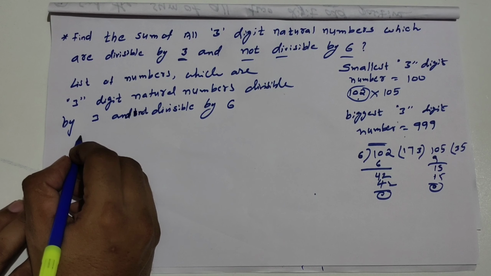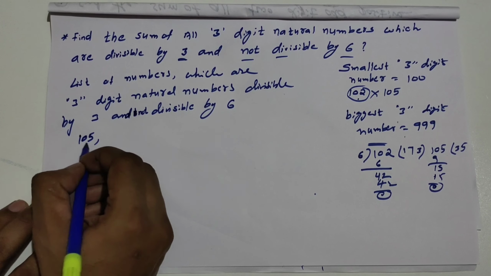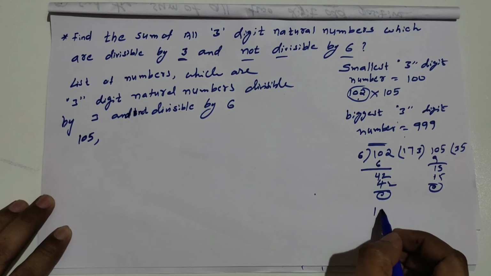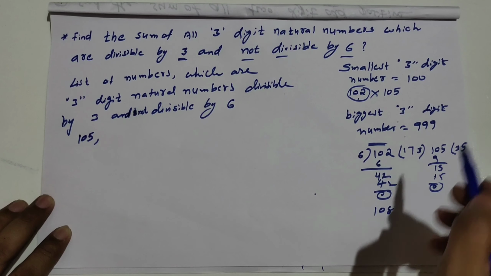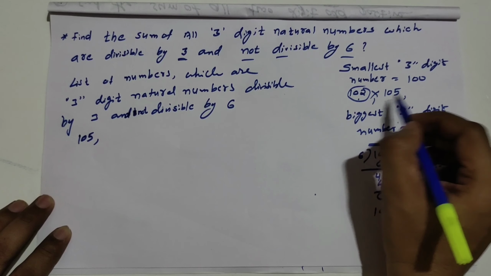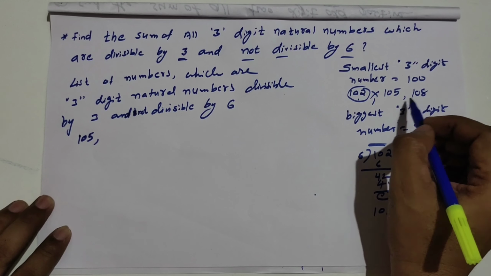The very first number we got is 105, and then immediately we got 108 by taking the multiples of 3.